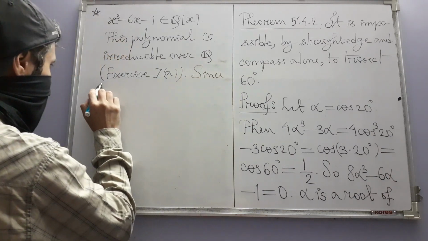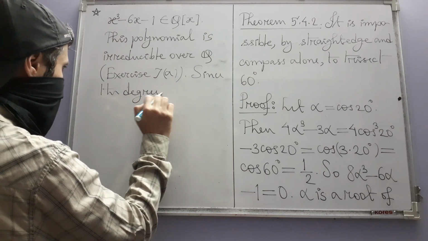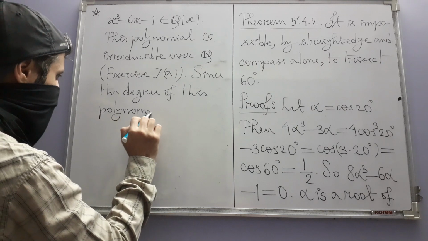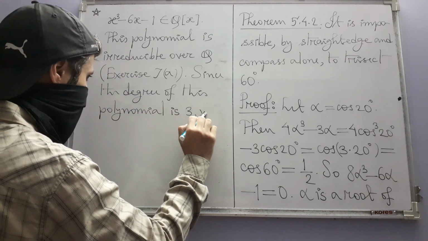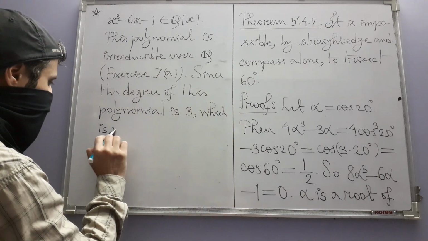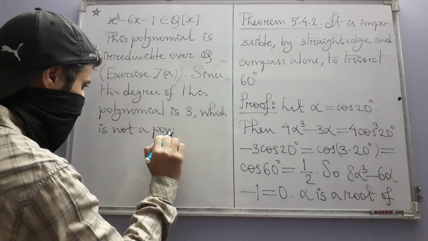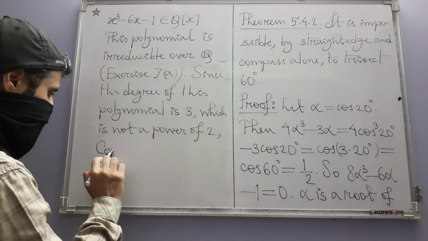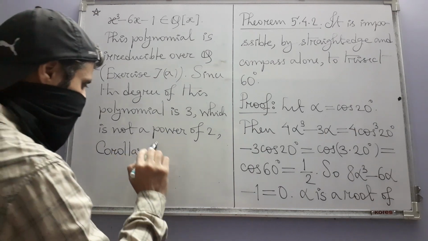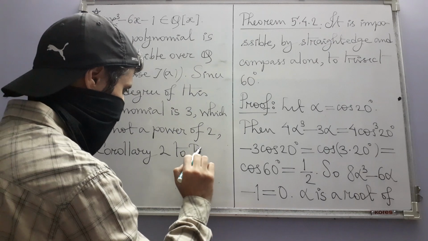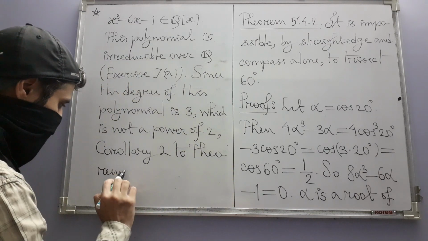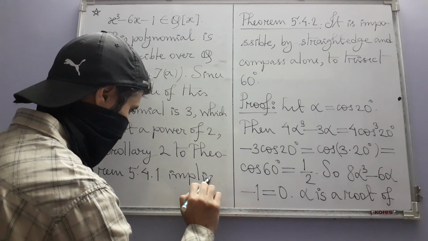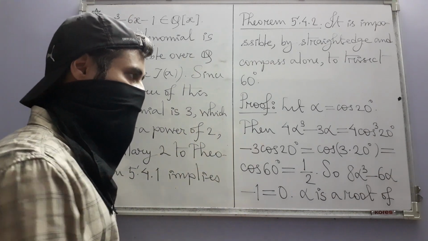Since the degree of this polynomial is 3, which is not a power of 2, obviously, because 3 is not a power of 2, corollary 2 to our main theorem, which will be 541, implies that alpha is not constructible.